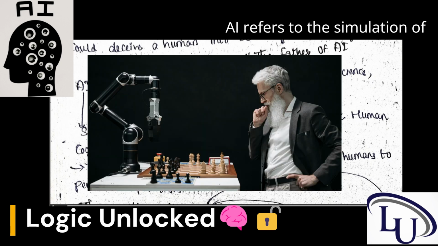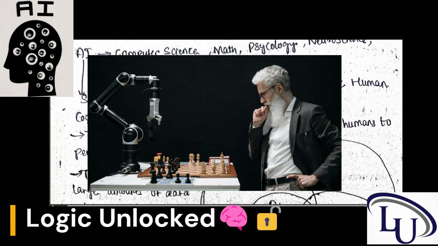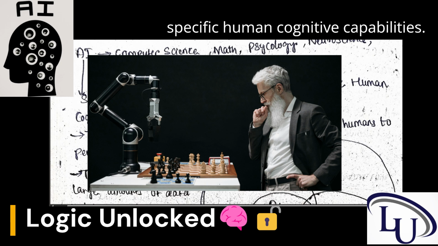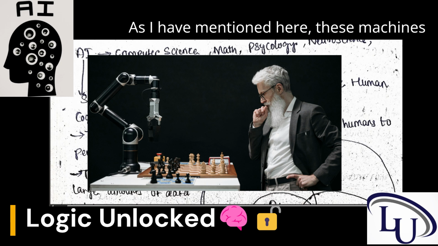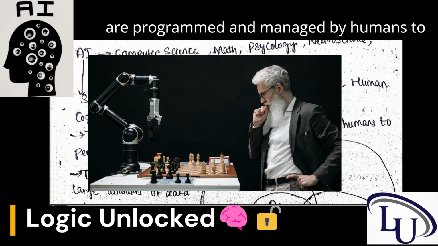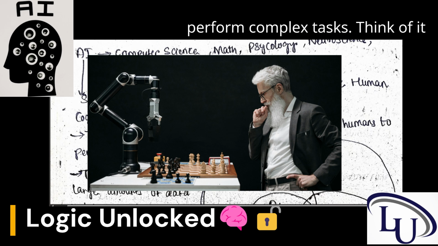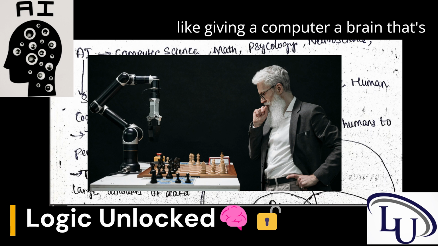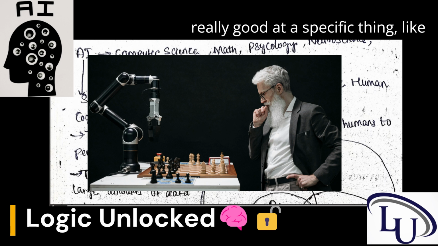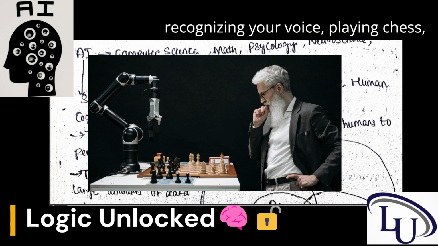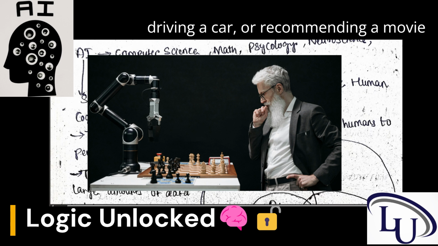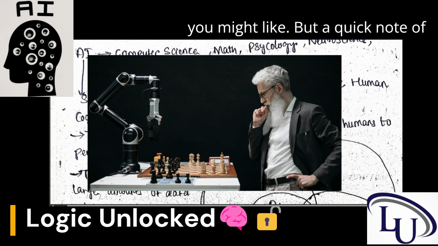Specifically, AI refers to the simulation of specific human cognitive capabilities, as I have mentioned here. These machines are programmed and managed by humans to perform complex tasks. Think of it like giving a computer a brain that's really good at a specific thing, like recognizing your voice, playing chess, driving a car, or recommending a movie you might like.